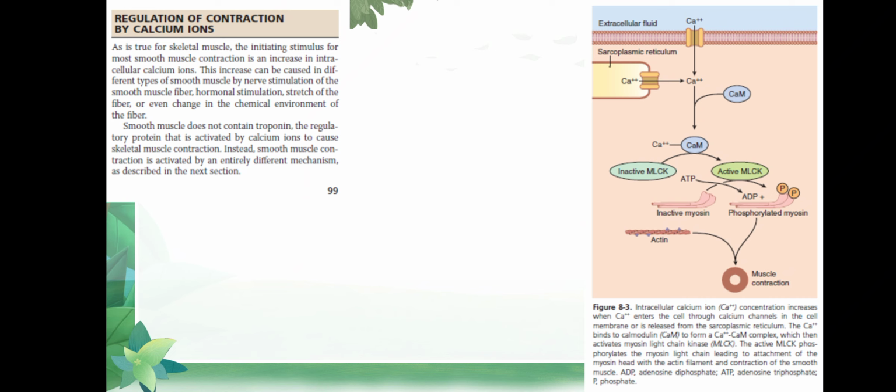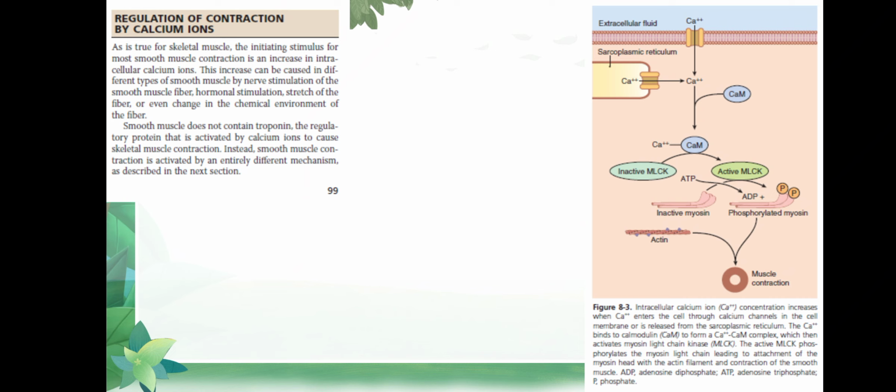The calcium enters the cell through calcium channels in the cell membrane, or is released from the sarcoplasmic reticulum, that is the endoplasmic reticulum present in the muscle cell, or the calcium can be brought inward from the ECM toward inside the cell. This calcium binds to calmodulin. Here you can see CAM is written, isn't it?